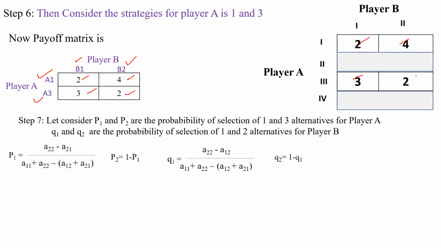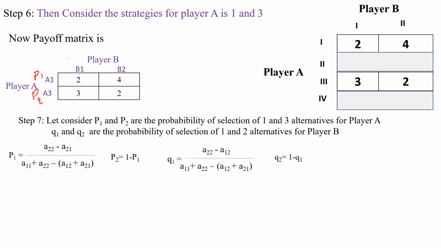So the next step is, let's consider P1 and P2 are the probabilities of selection of the alternatives for player A, and Q1 and Q2 are the probabilities of selection of alternatives 1 and 2 for player B. So let's consider P1 and P2 as the probabilities for the selection of the first strategy and the third strategy.